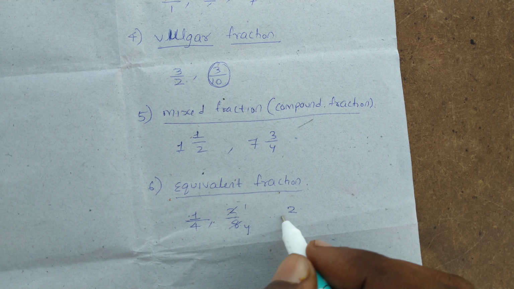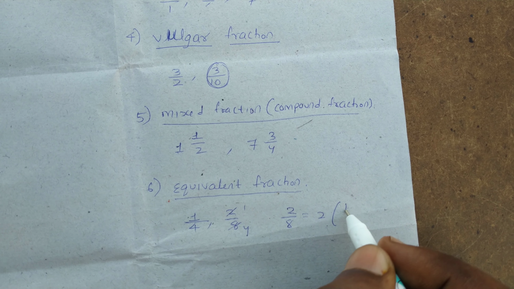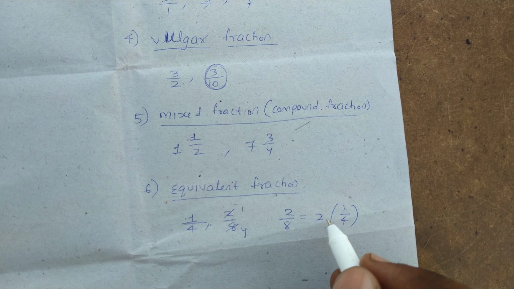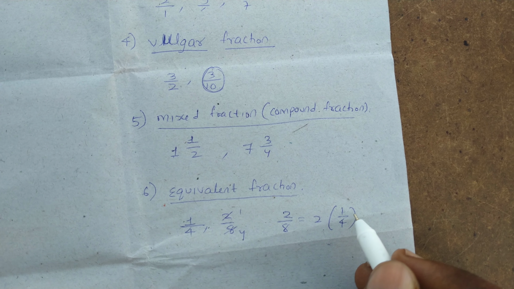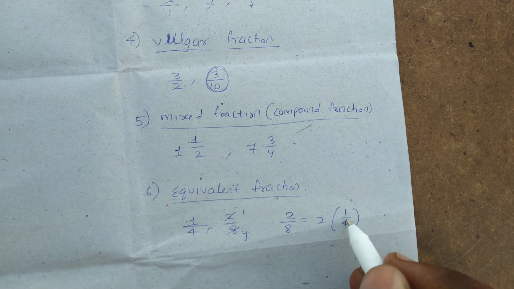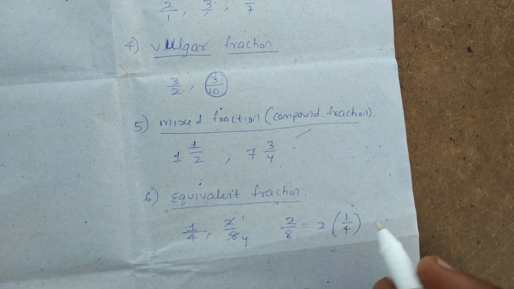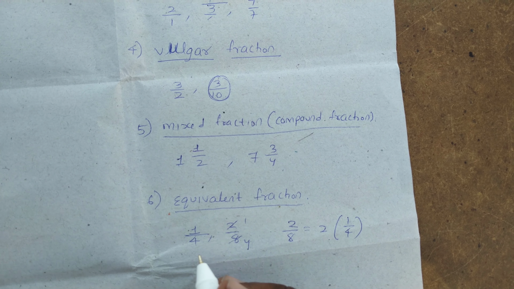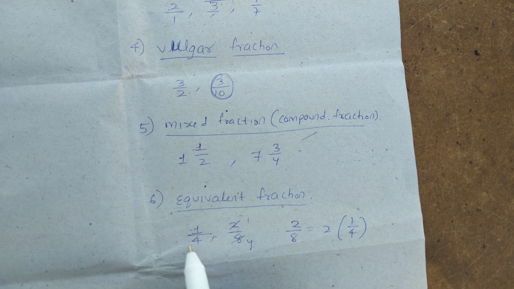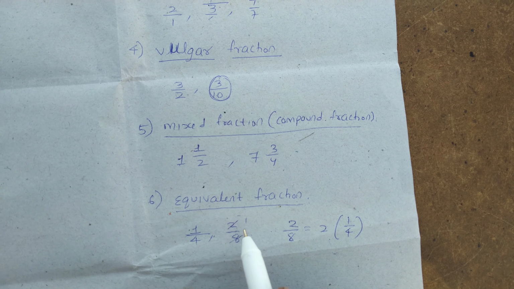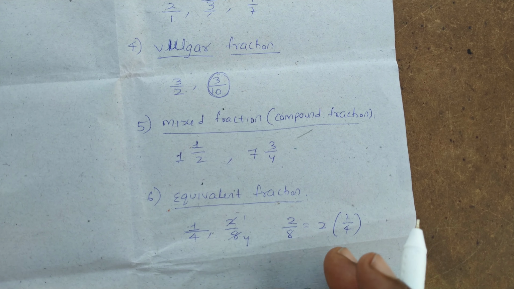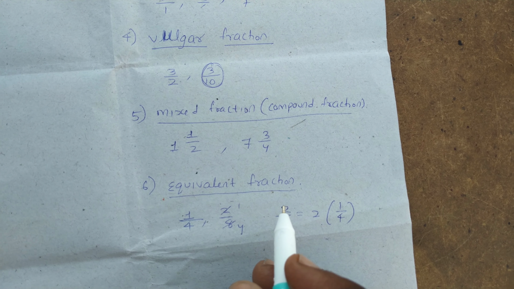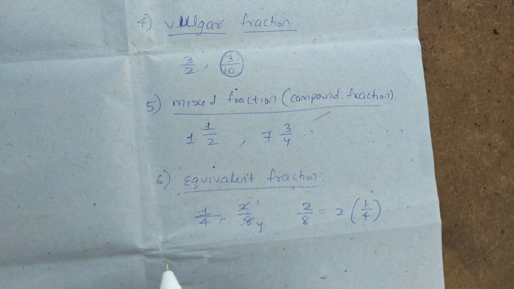That means we can write 2 by 8 as 2 times 1 by 4. Are you able to understand? So we can write 1 by 4 or 2 by 8. Both give the same result, but the ratio is different. So this is called equivalent fractions. Clear?